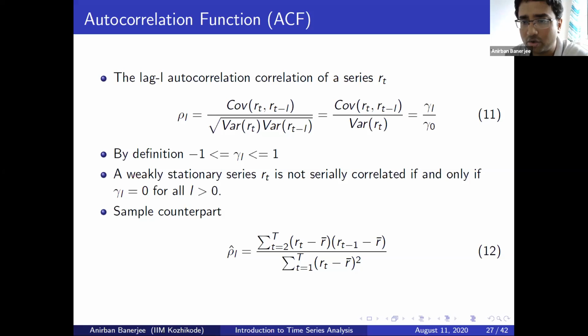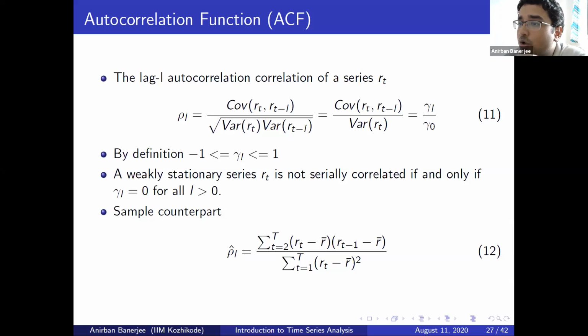Okay, sorry, not rho, this is gamma, right? So gamma L divided by gamma 0. Sorry, there's a mistake in the notation. By definition, rho L, which is the lag L autocorrelation, this I have to correct. This is not gamma L within -1 to +1, but rho L will be within the range of -1 to +1. Okay.